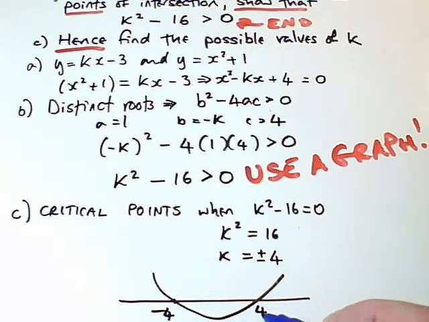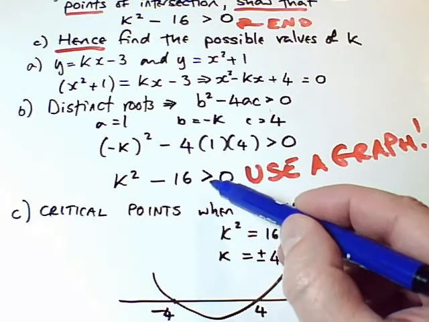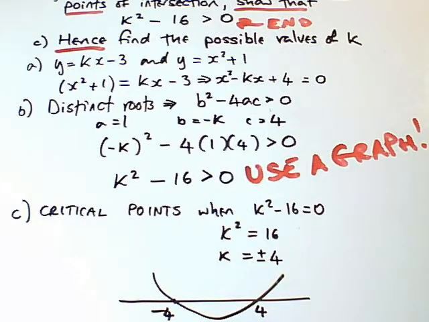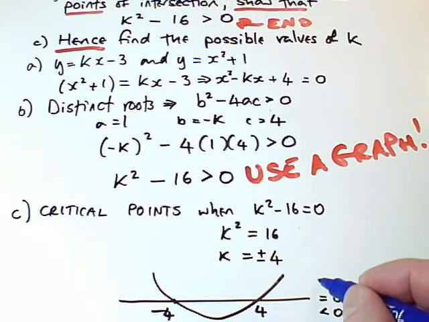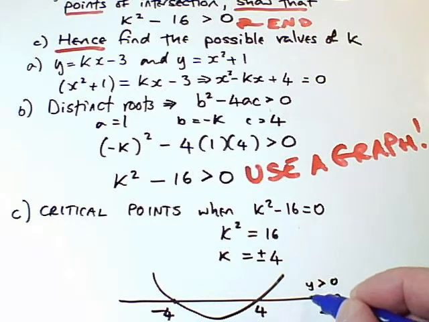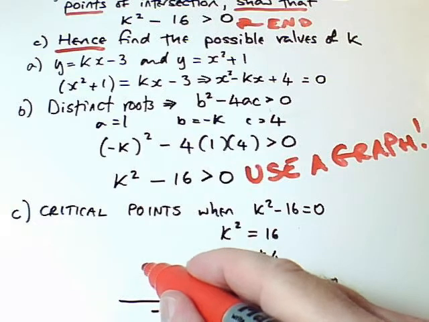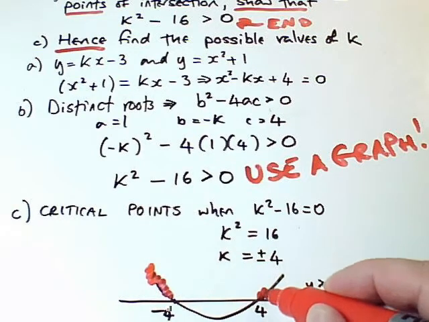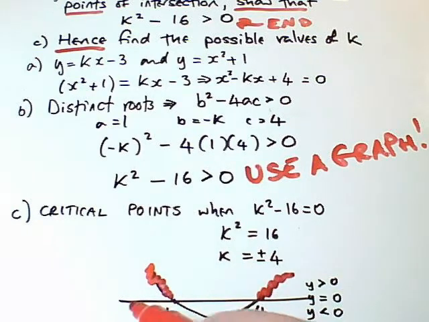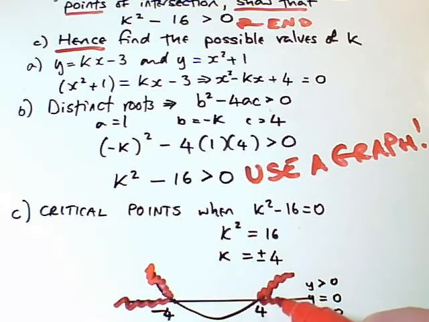And I want my inequality to be greater than 0. So we know that on the x-axis we're equal to 0, below it we're less than 0, and above it we're greater than 0. You can put y in front of all of those if you like. So where do I want to be? I want to be greater than 0. So I want these two bits of the graph. And then working horizontally, what x's do I want? Well, I want these bits of the x-axis here.